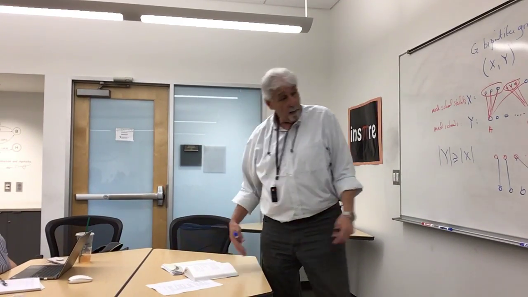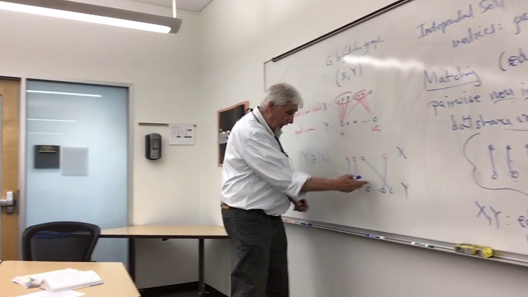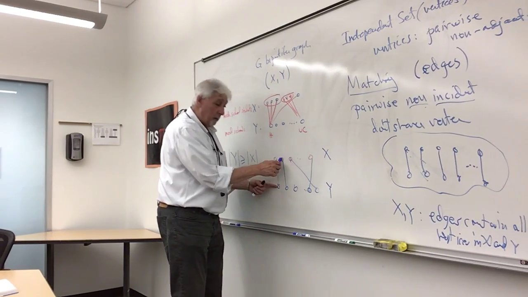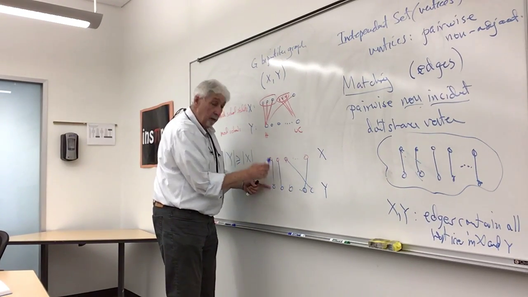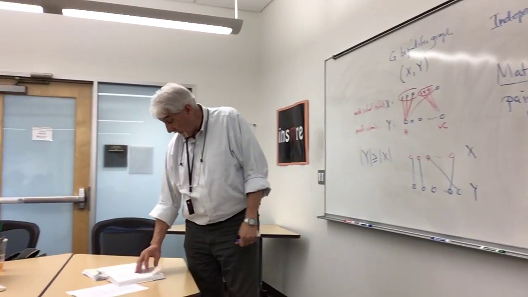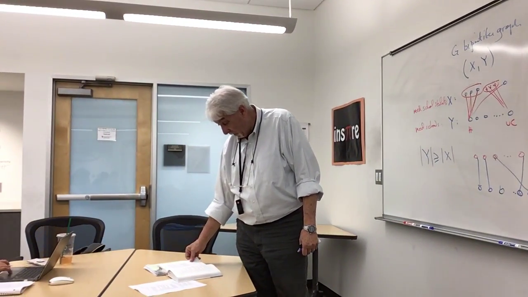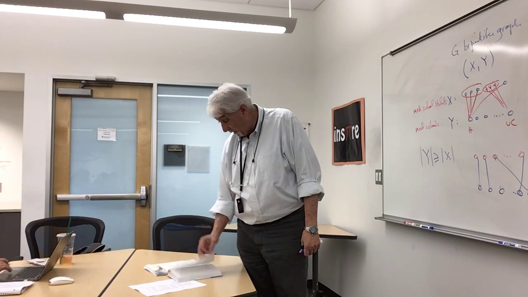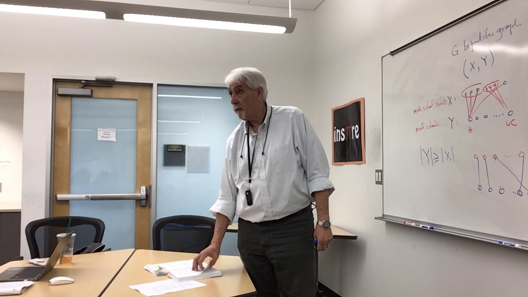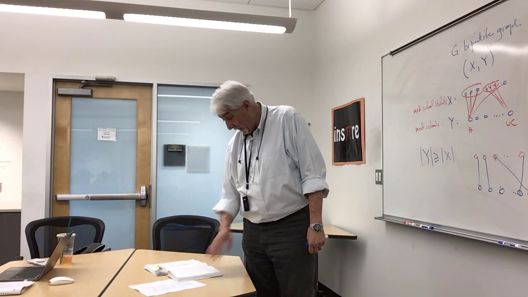A bipartite graph can't have any odd cycles. You start here, go down here, you can't go anywhere here. The only place to go is back up. So the only cycles are even cycles in a bipartite graph. Once again, from number 4 to number 13. Go.